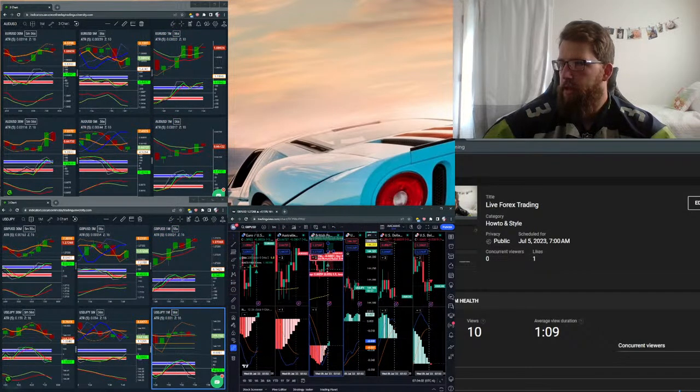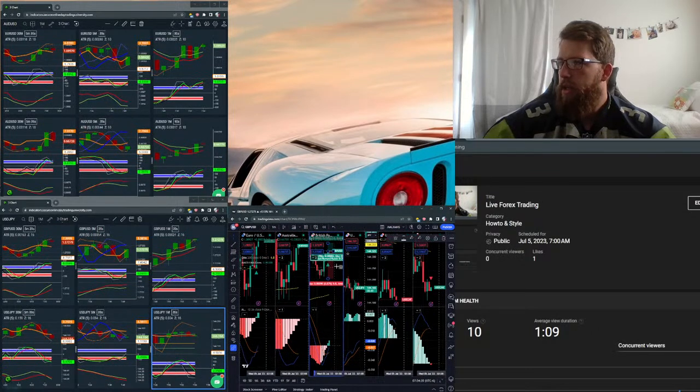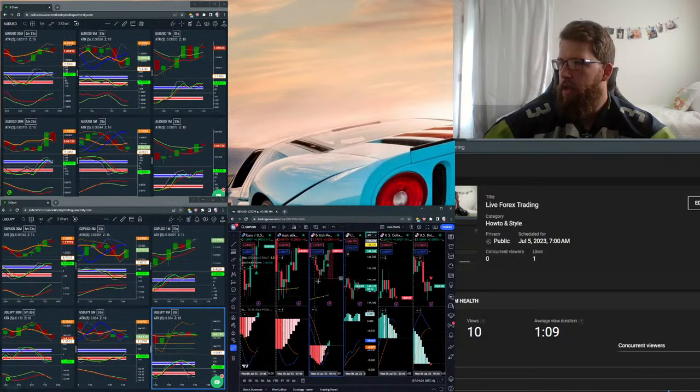Put in, yep, 9 pips. Oh man, I really wish there was something for me to grab on. Can't adjust this. All right, well, I guess it's just going to be small.